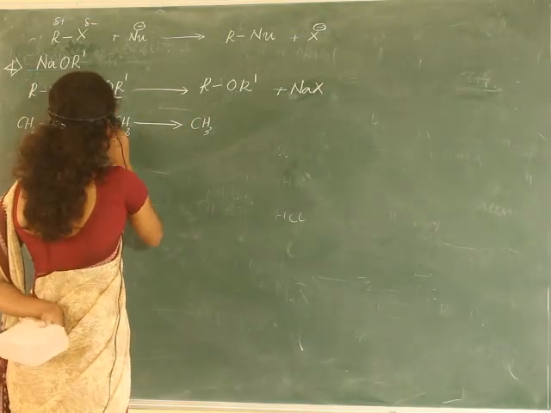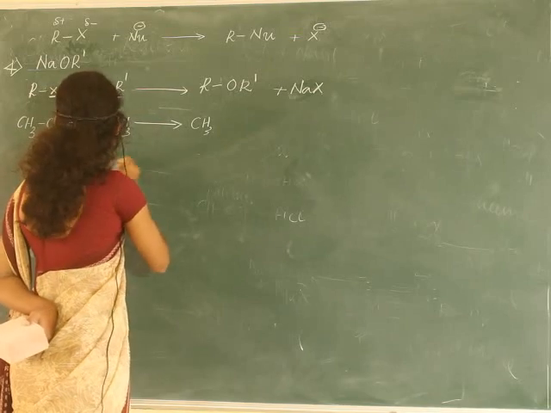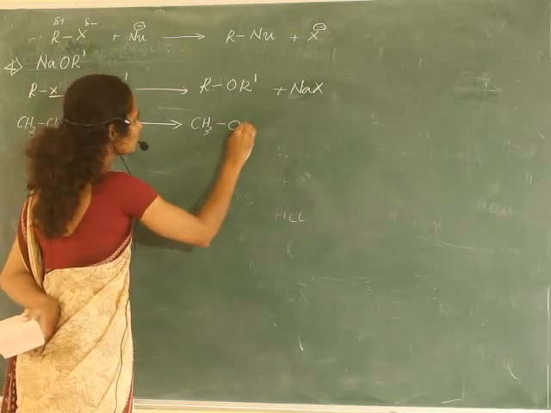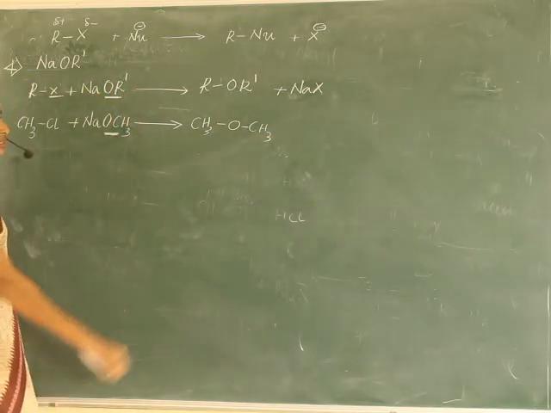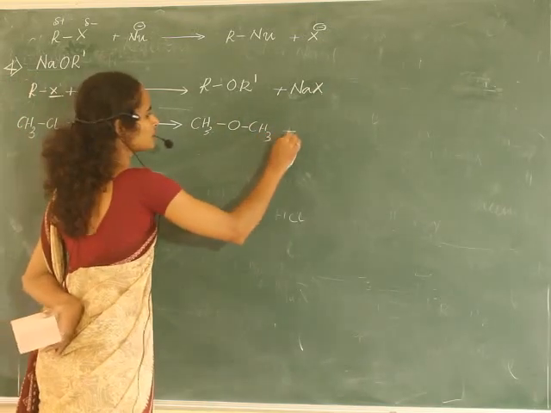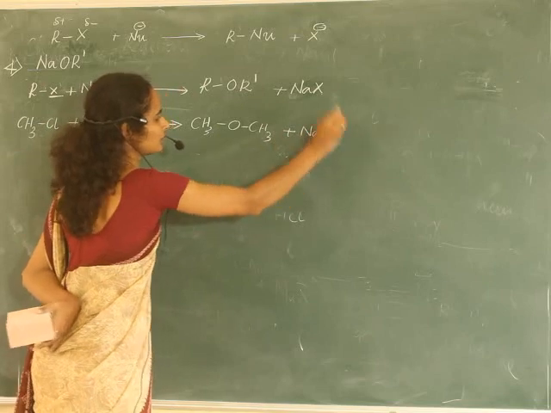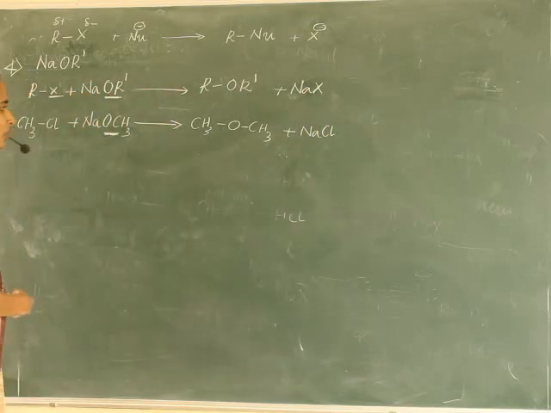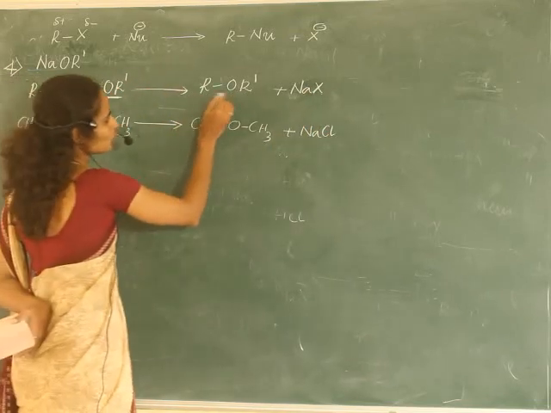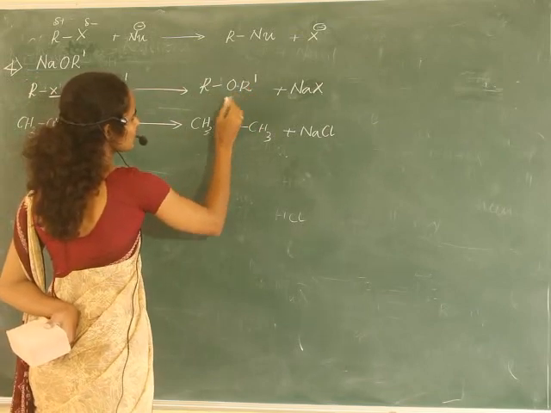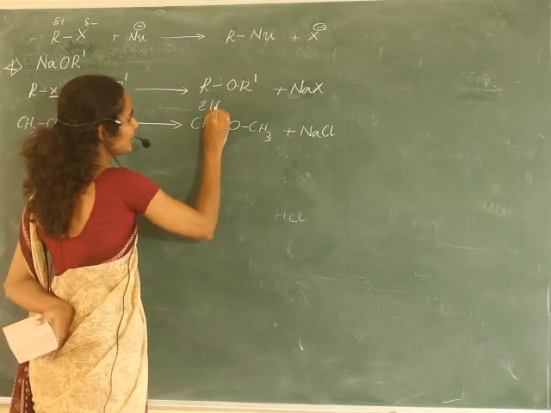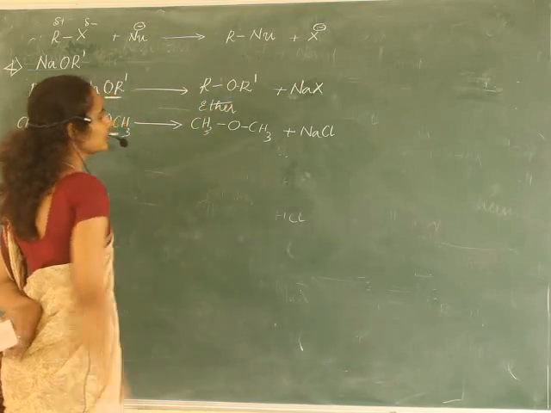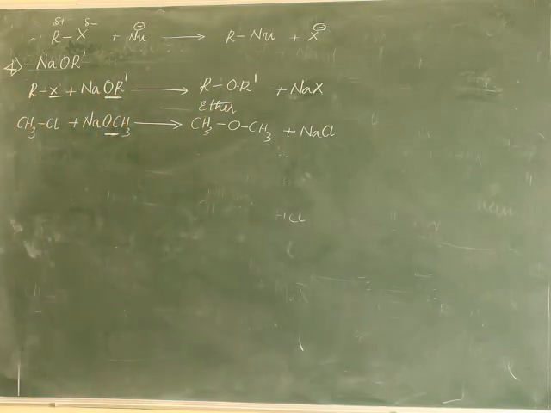CH3, here it is the functional group. Now CH3OCH3, right? CH3OCH3 plus NaCl. Am I clear? This is ROR dash. Which functional group is it? Which type of compound? It is an ether, right? We will get an ether. Hope it is clear for you.